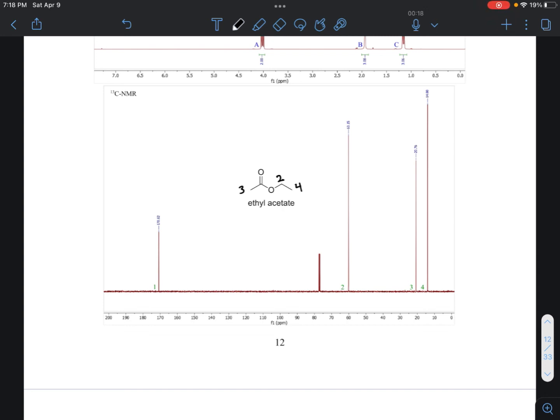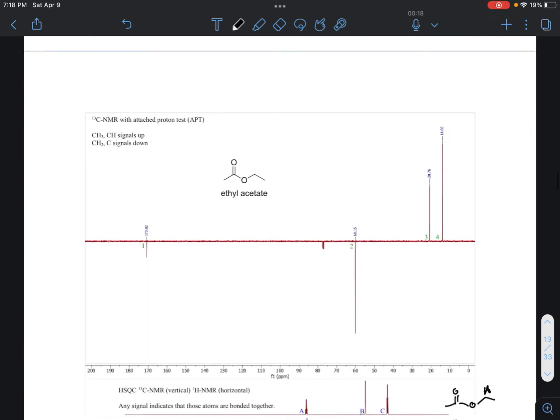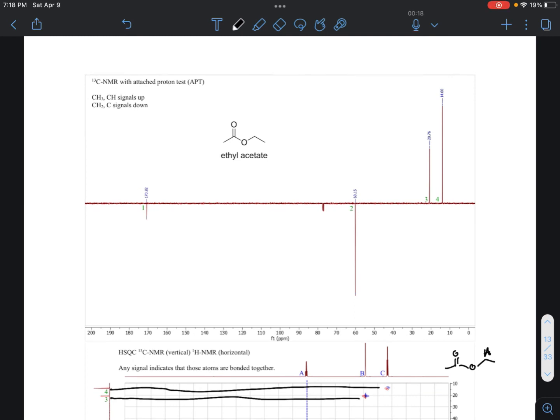C13 NMR. So I want to look at this DEPT. This DEPT basically helps us figure out which ones are CH3, CH2s, CH, and then C. If you look at the DEPT, it says that CH3 and CH are pointed up.